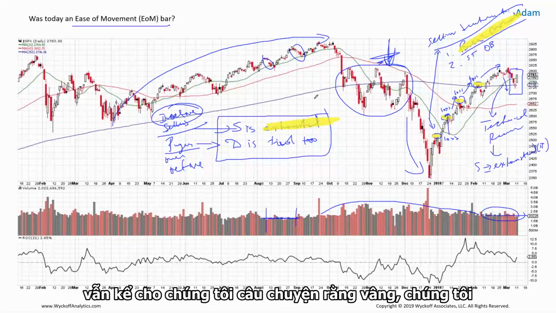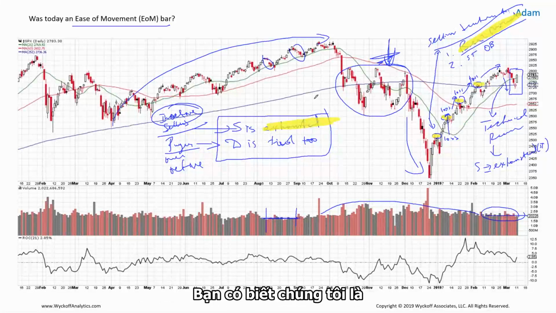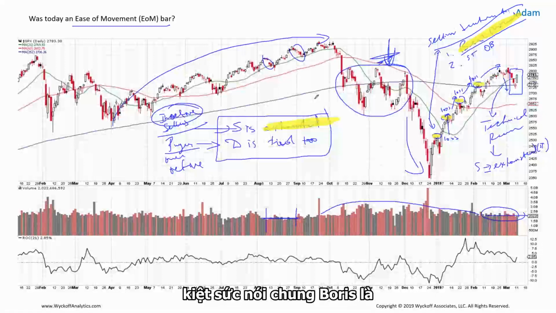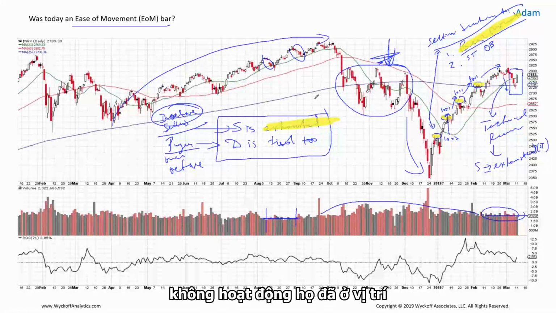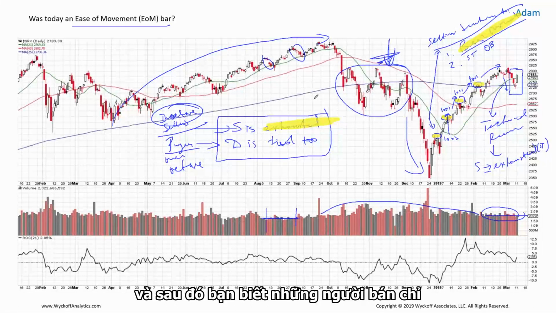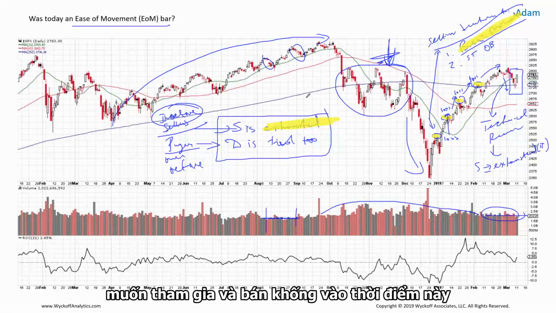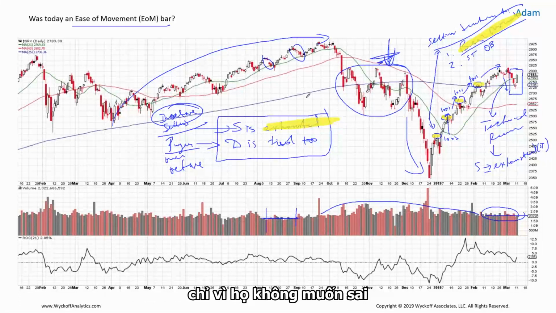It still tells us a story that we are exhausted in general. Buyers are inactive, they're already in the position, and sellers are just exhausted with all of the losses, so they are out of the position, and they don't want to come in and short at this point just because they don't want to be wrong again.